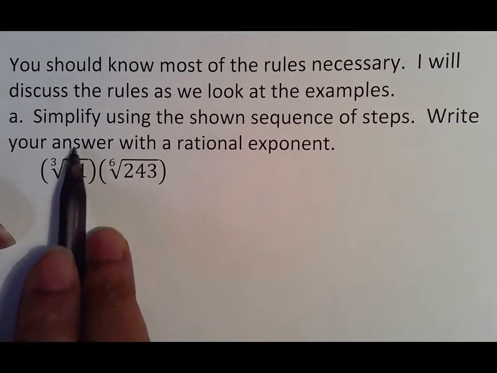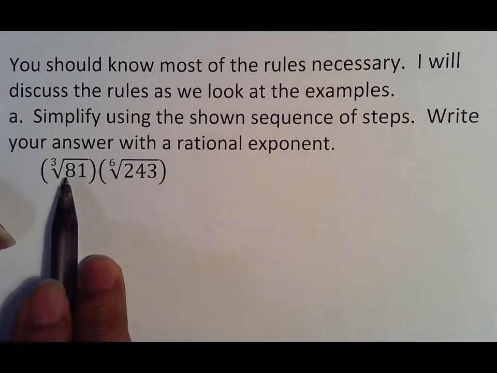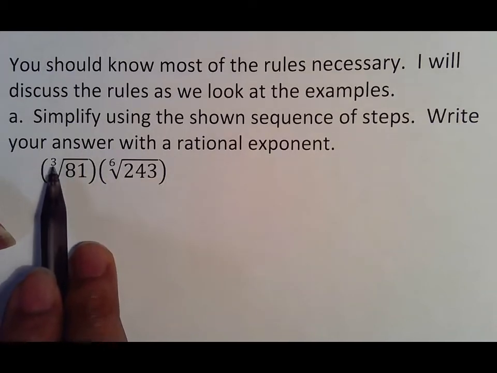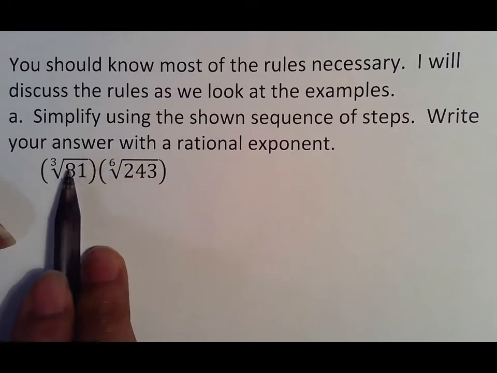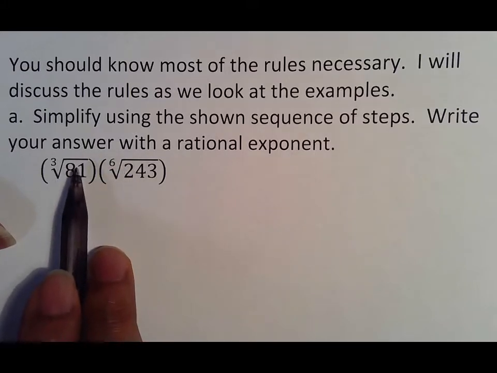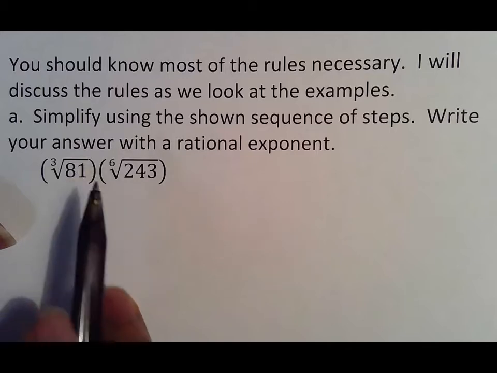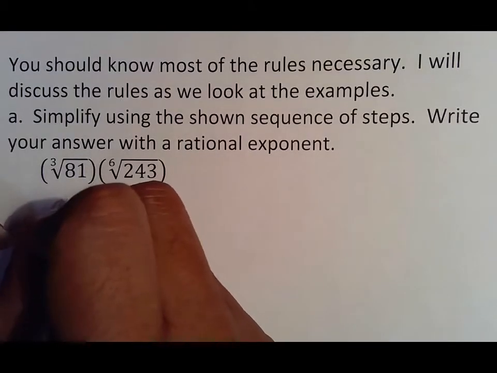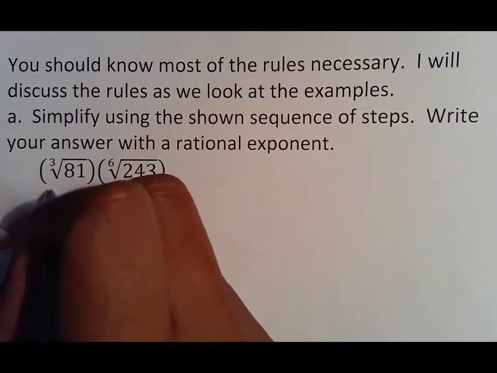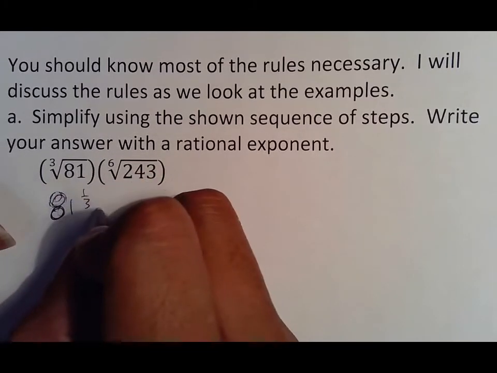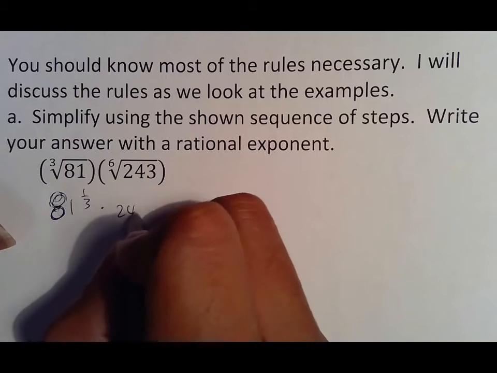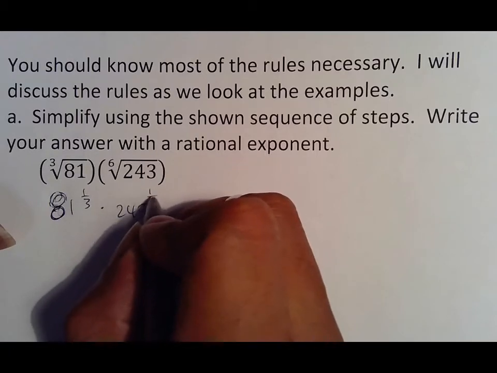But anyway, rules wise, we cannot put a third root with a sixth root because this is not legitimate. So what we can do is turn this into 81 to the 1/3 times 243 to the 1/6.